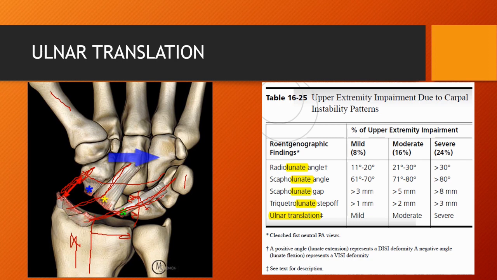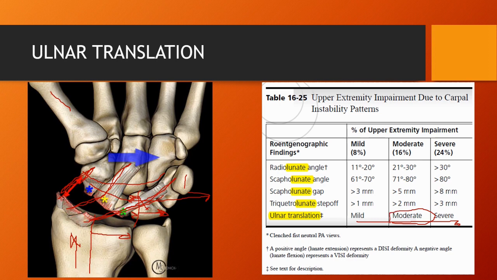You might argue that more than 75% is translated off of the ulnar border of the distal radius. As the lunate progressively moves in an ulnar direction off of the distal radius, the examinee would qualify for greater and greater severity of ulnar translocation. In this case, this appears to be what I would classify as a moderate ulnar translocation.